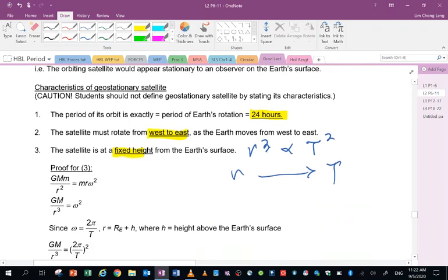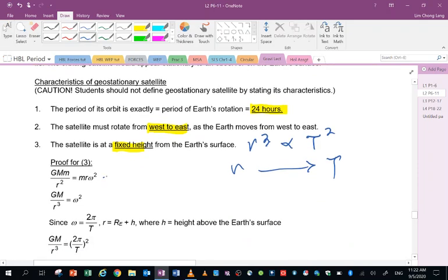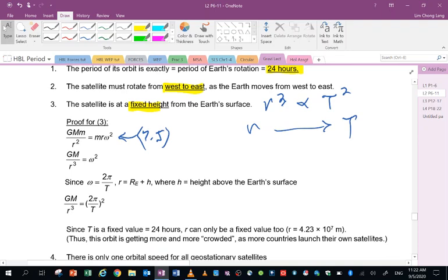We have seen this before. This is what we called equation 7.5. And you must learn to derive this expression because sometimes you may be asked to show such an expression. So you must learn how to derive this.